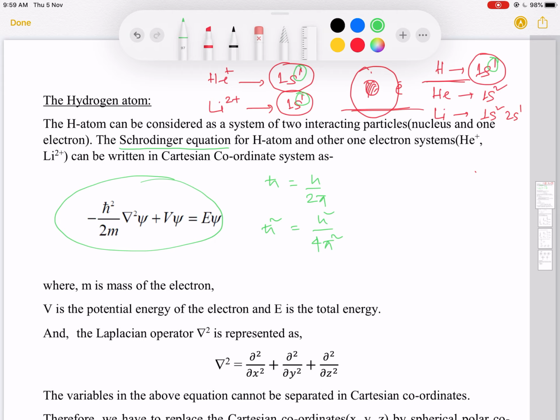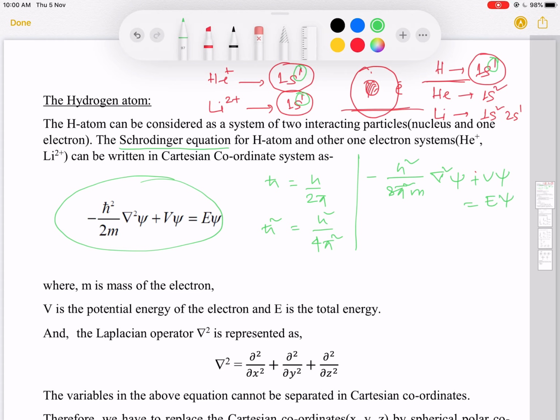You just replace this, so you will be getting minus of h square by 8 pi square m del square psi plus v psi is equal to e psi.